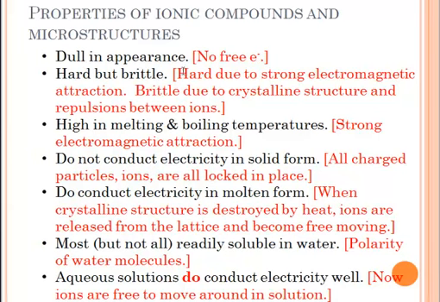They're all ions, perfectly happy with the octet, with 8 valence electrons in this case, for both the sodium ion and the chloride ion. The hardness, as we said before, is due to the strong electromagnetic, sometimes referred to as electrostatic, attraction. It is brittle due to the crystalline structure and the repulsions between ions of the same charge. So if you have the positive ions lined up, just by slight deformation, they will fracture.